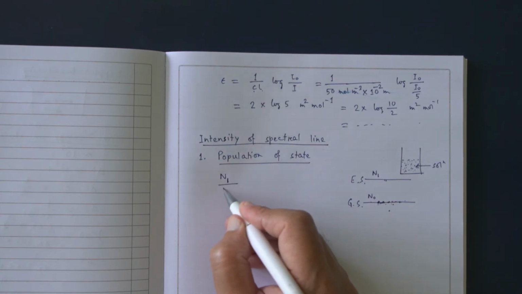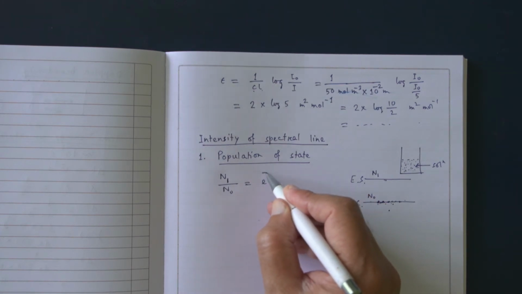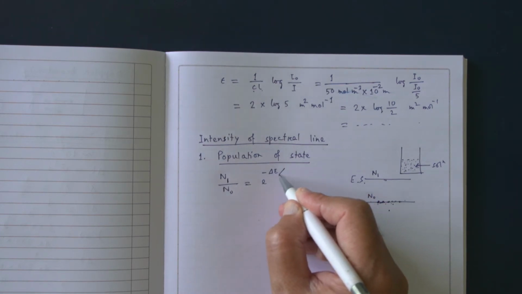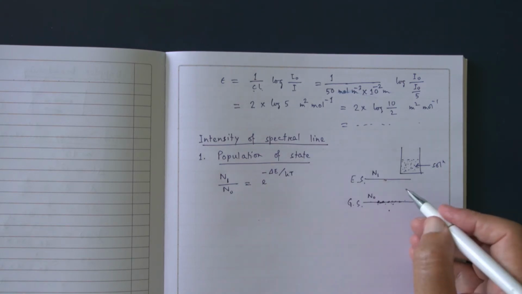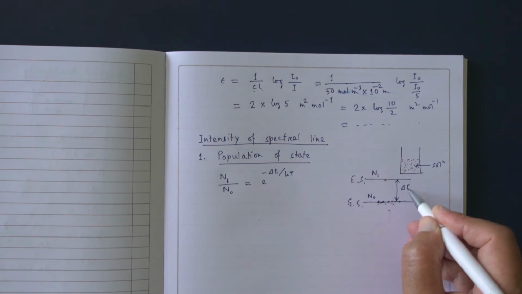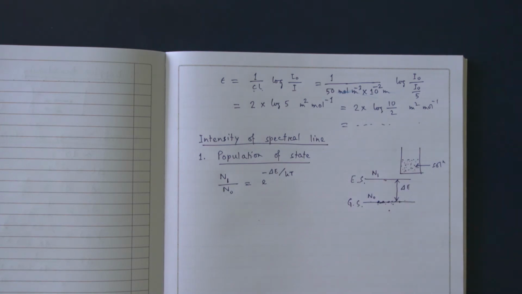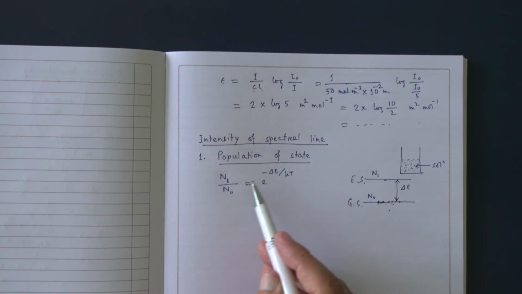So this is given by a relation like this. This is the Boltzmann relation. Here delta E is the energy difference. You see, this is called Boltzmann statistics, the Boltzmann law.